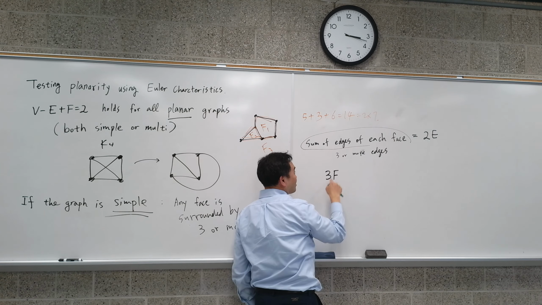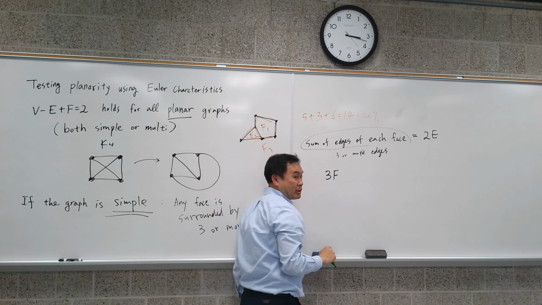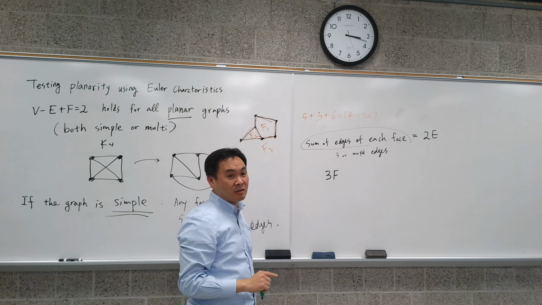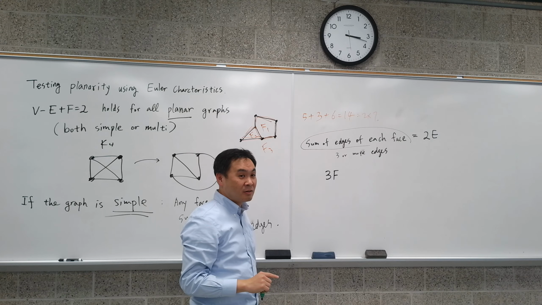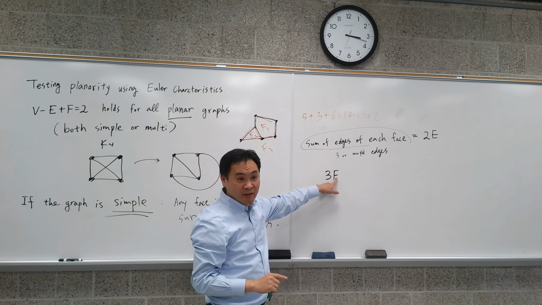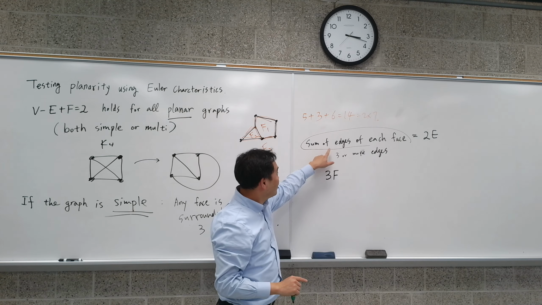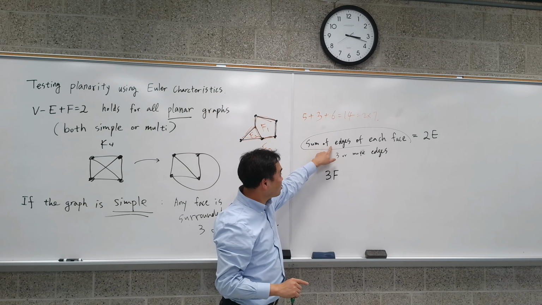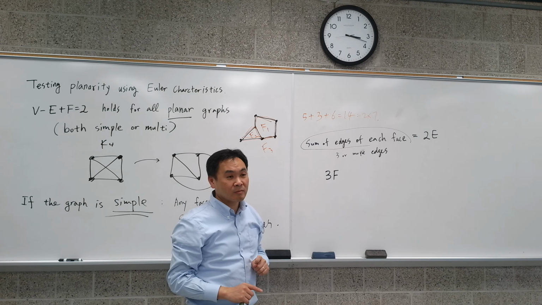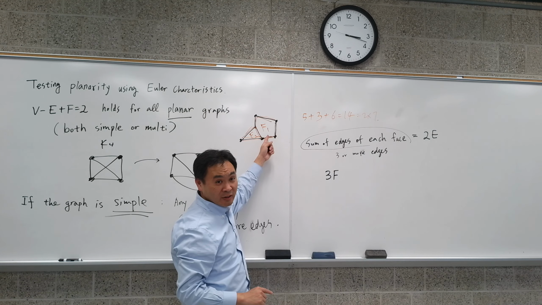So 3f is bigger than this quantity, less than this quantity, or equal to this quantity? What do you think? So f is the number of faces, right? Just times 3. Is this quantity less than this value, equal to this value, or more than this value? Equal. No, because some of the faces will have more than 3.